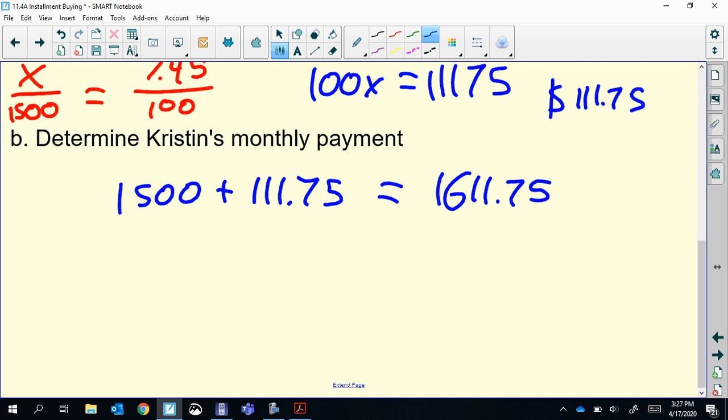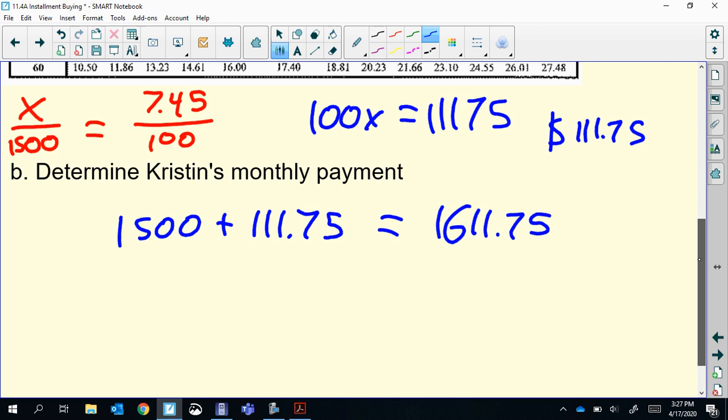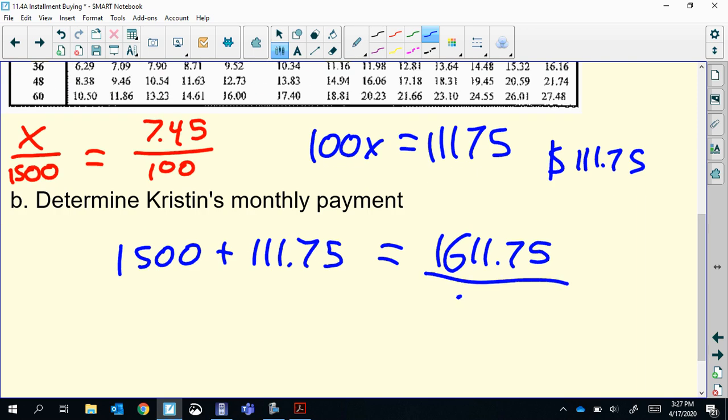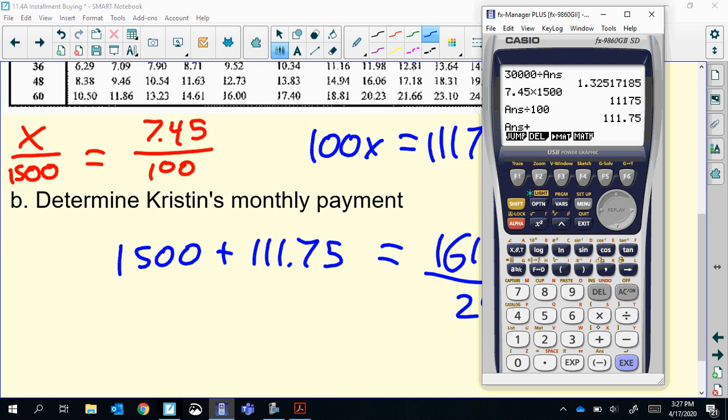And then this was split up over 24 payments, so then we just divide by 24 to figure out what every payment will be. So the 111.75 will be the total amount of interest that's going to be charged, and then you divide by how many payments. So we add the 1,500. I did that by hand already, but we'll do it on the calculator. And then divide it by 24 payments.